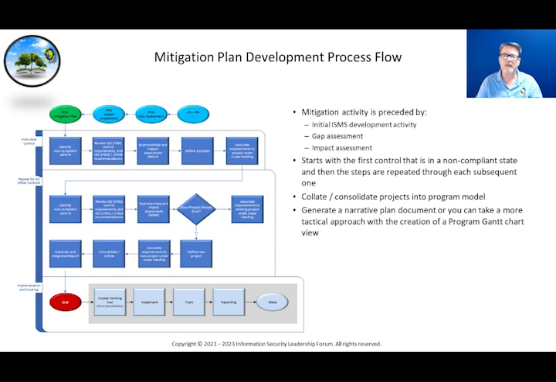Or you can take a more tactical approach with the creation of a program Gantt chart and view. Having said that, most organizations do both. They create a Gantt chart for ongoing tracking and managing, but for leadership and others' consumption, they build a more detailed narrative, which will incorporate the Gantt chart into it.